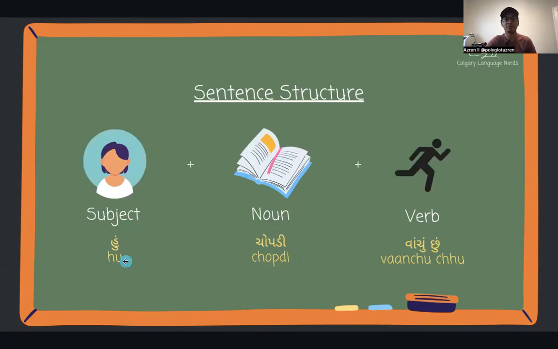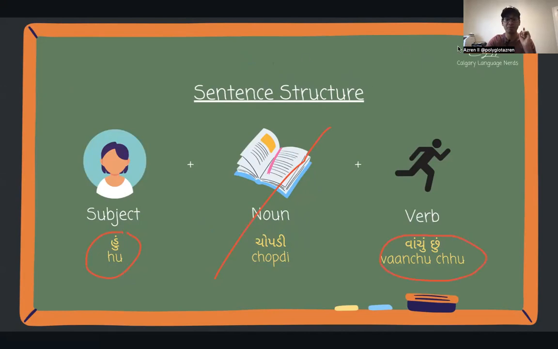It'll be you, the person doing the verb, then the thing that's being done, and then a verb. So I'll give you a whole bunch of examples. So if I'm reading, just reading, I'm not specifying what I'm reading, then it's going to be hun van chu chu.